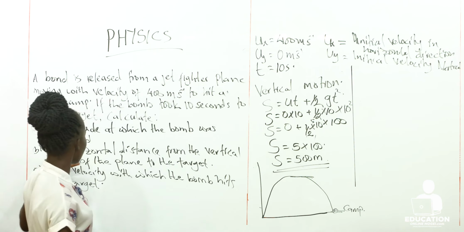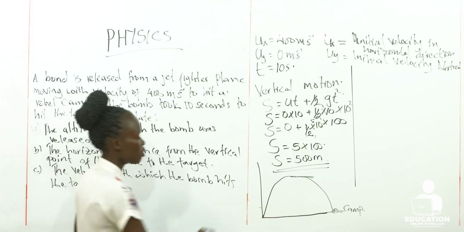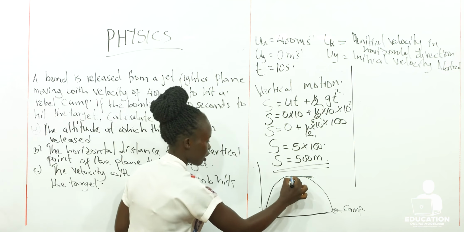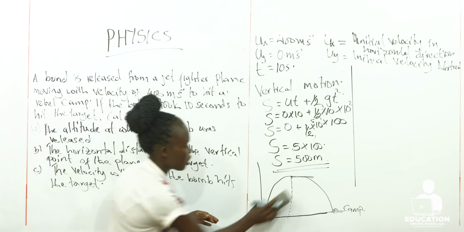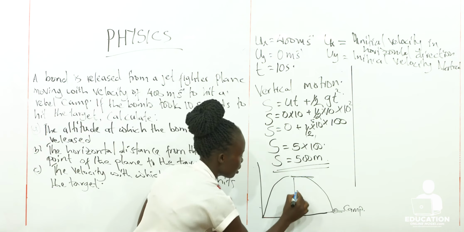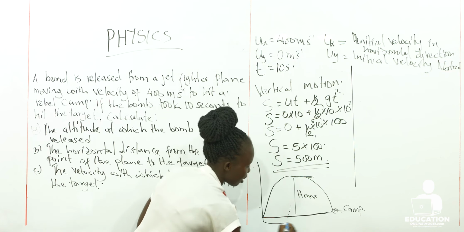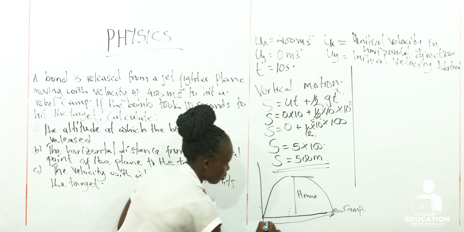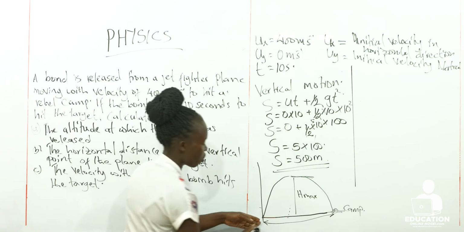So the question is telling us the horizontal distance from the vertical point. So we assume this is our vertical point here. If you take that vertical point, here is the maximum height. So we want this distance here. This is our horizontal distance. So how do we get this horizontal distance?